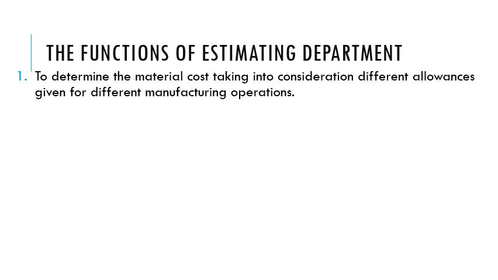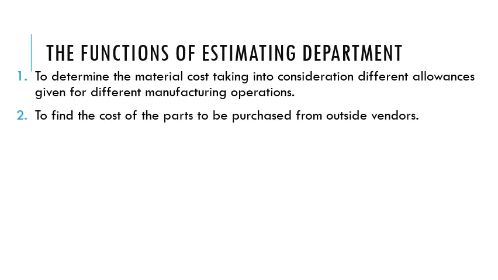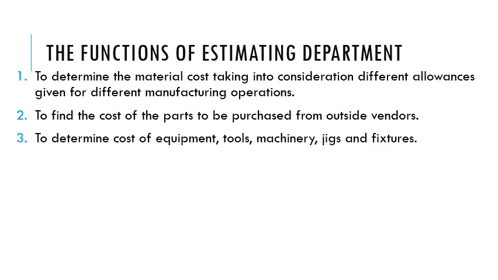These are the different kinds of allowances which must be considered while calculating the total material cost. To find the cost of the parts to be purchased from outside vendors, what should be the total cost that can be separately set aside in the budget to be purchased from the outside vendors. That is the second function.